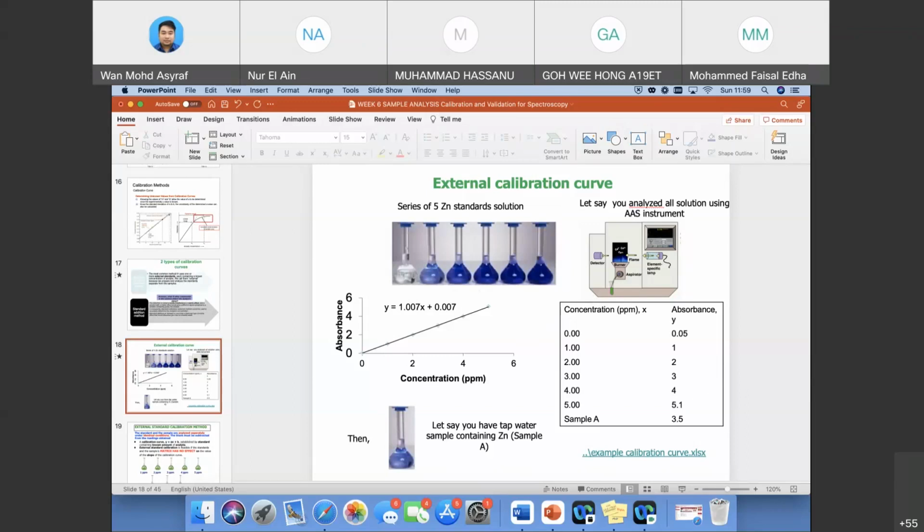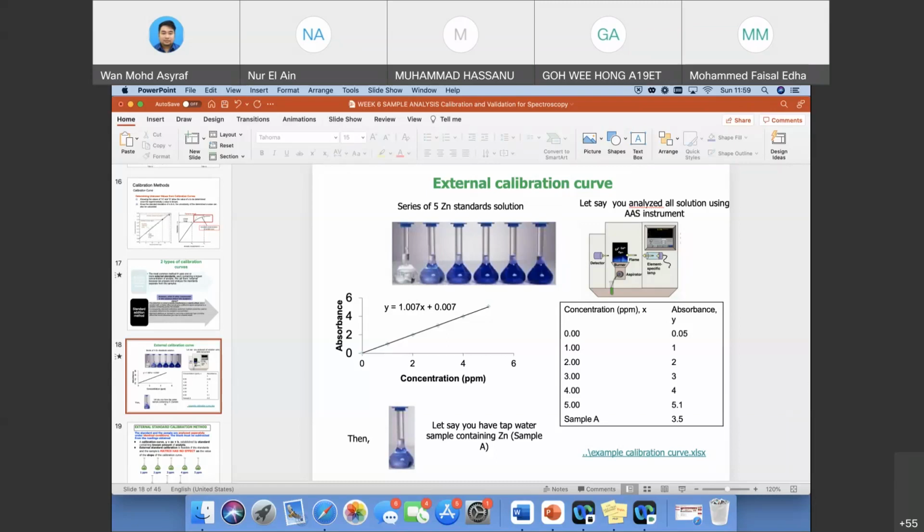For the reagent blank, you get 0.05 absorbance. You need to ensure that for the 1 ppm concentration, the absorbance of 1 here has already been subtracted with 0.05, because we need to subtract the absorbance of the blank.